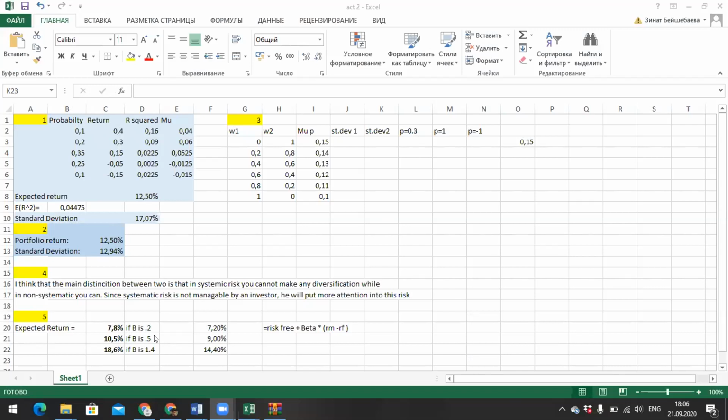Look, when the beta was 0.2, the expected return is 7.2%. But when the beta jumps to 1.4, your expected return doubles. So the more risk you are involved in, the more return you demand. This is the comment that I want to leave here. And let us move further to the second chapter.